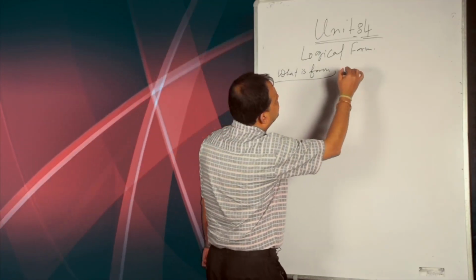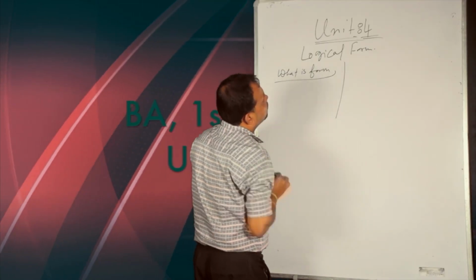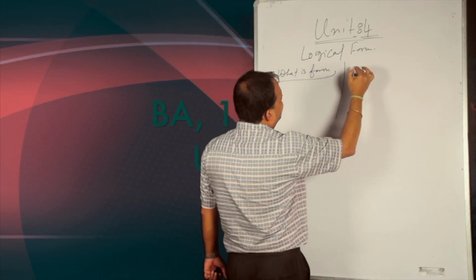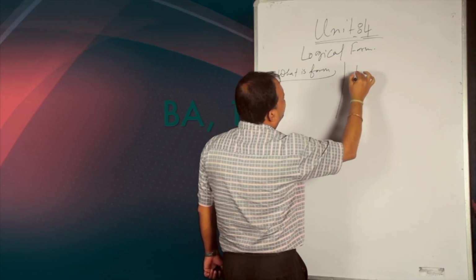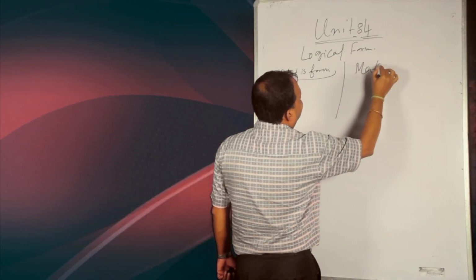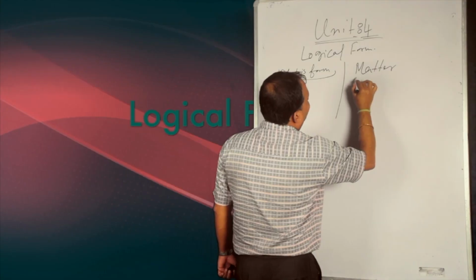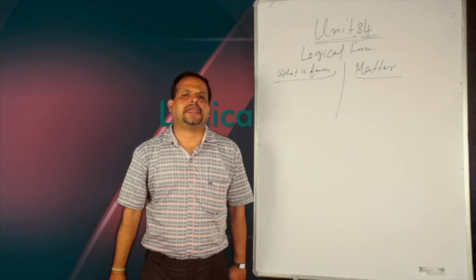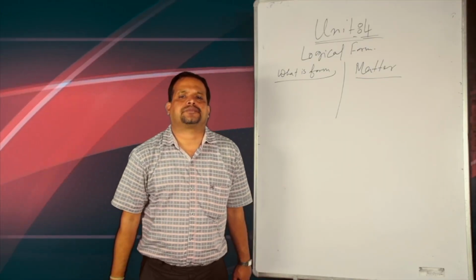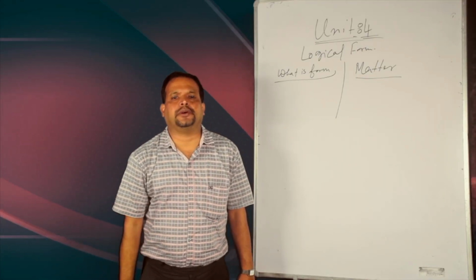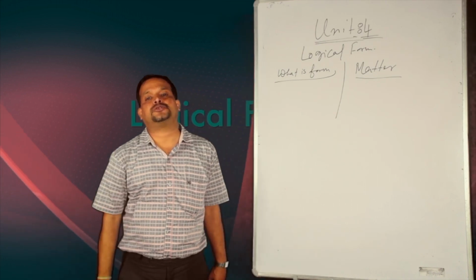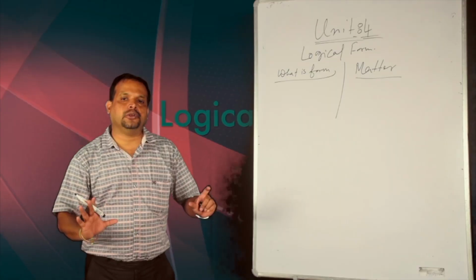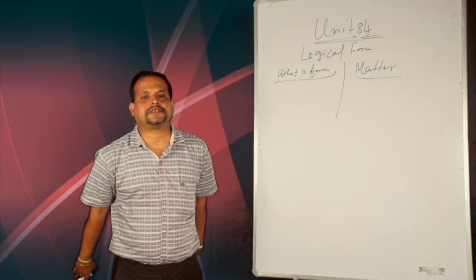So when we discuss form, we also have to discuss another very basic issue, that is matter in logic, that is form and matter. Every material object, for example, a table, has two aspects.